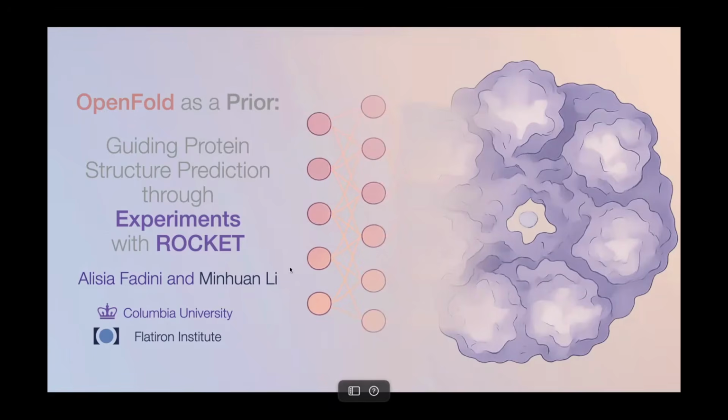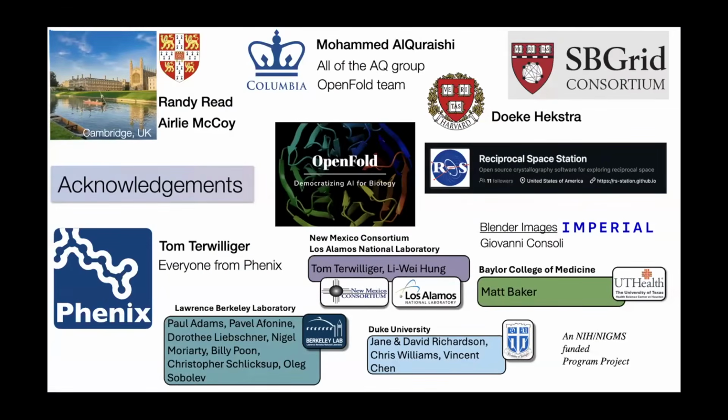The thing I don't want to be lost at the end here is that this has been a fantastic collaboration. We're very thankful to have been a part of it. I did most of this work when I was in Cambridge in the past year and a half with Randy Reed and Airlie McCoy and the Phaser team, and also jointly with Mohammed AlQuraishi's group at Columbia.